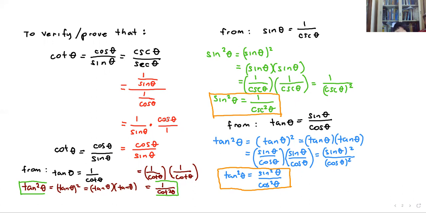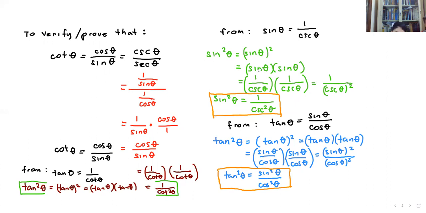And just to explain to those who do not know the rules, we can say that secant squared theta is equal to secant theta in parentheses to the power of 2, which is equal to secant theta times secant theta.